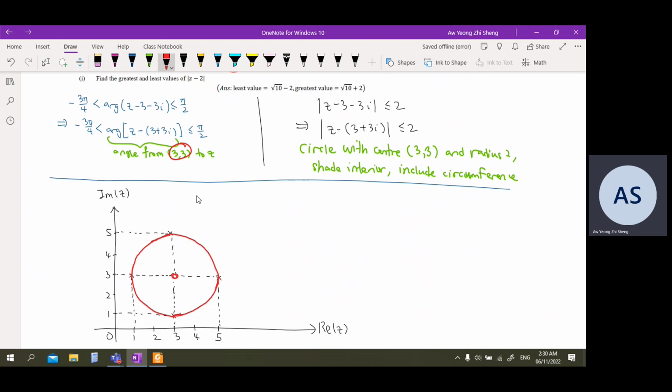And I need a half line in the direction of minus 3 pi over 4. And minus 3 pi over 4 is minus 135 degrees, so it makes a 45 degree angle to the horizontal. And it should pass through the origin nicely. It's a strict inequality here, so I have to draw using dotted line.